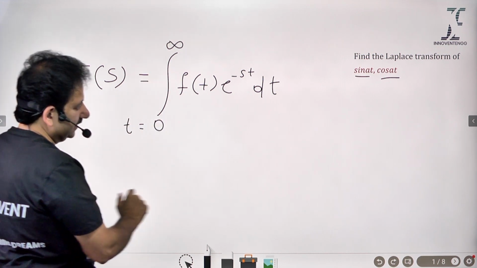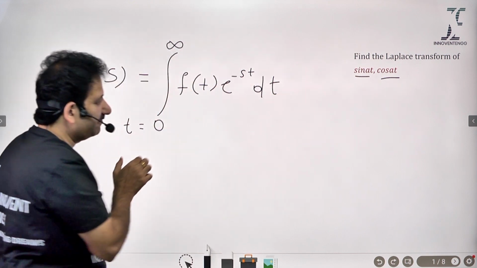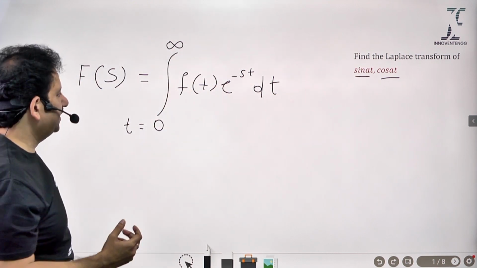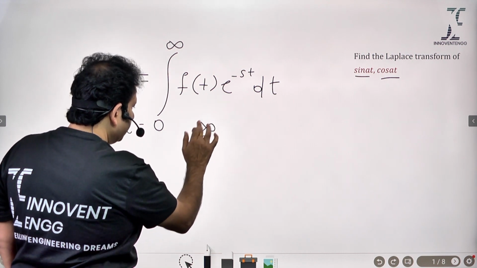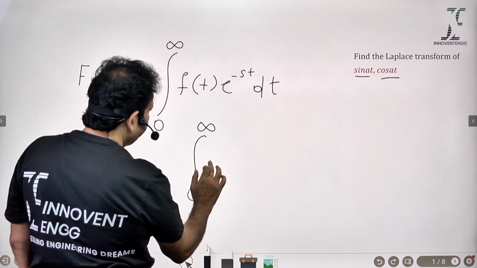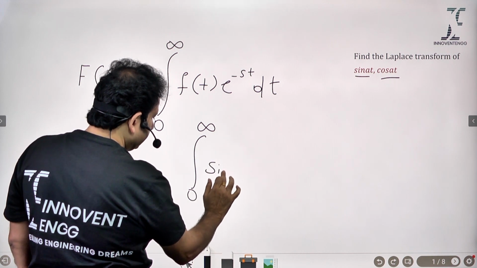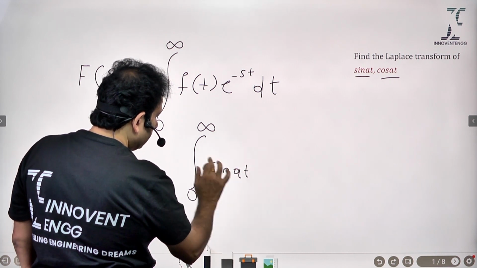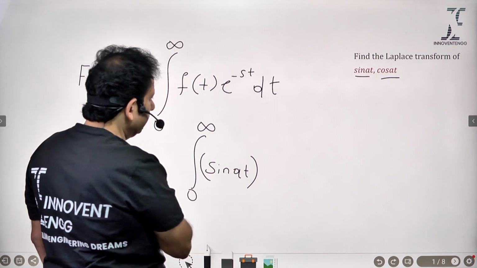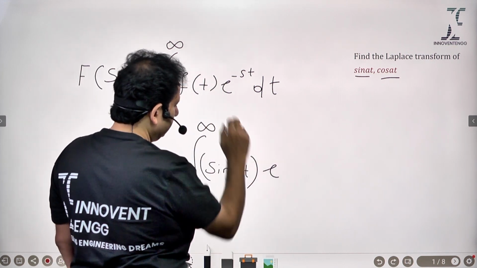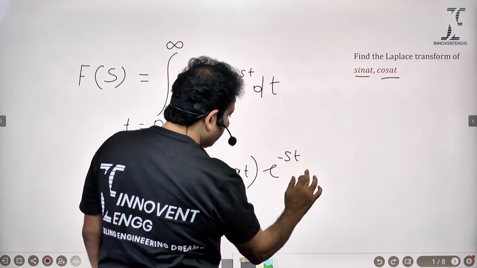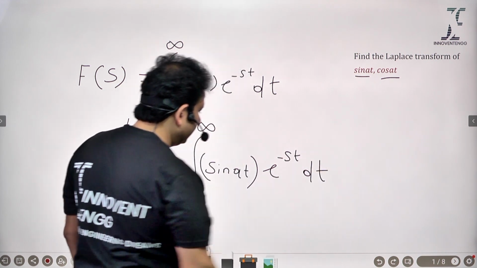Now coming to our case, if I replace f of t by sine at, what exactly happens? You get the following integral that you have to deal with. f of t is nothing but sine at, and if you replace f of t by that function, the next function would obviously be e power minus st, and then dt.